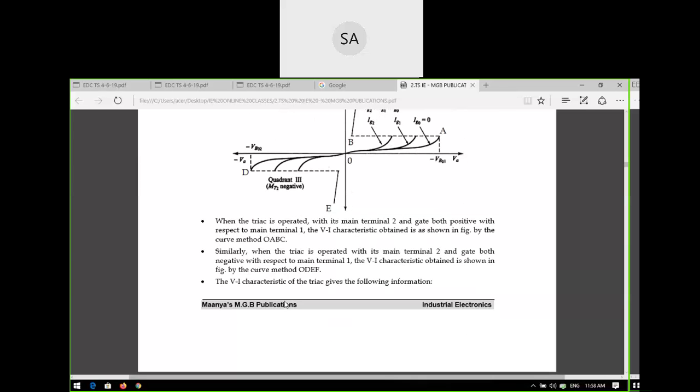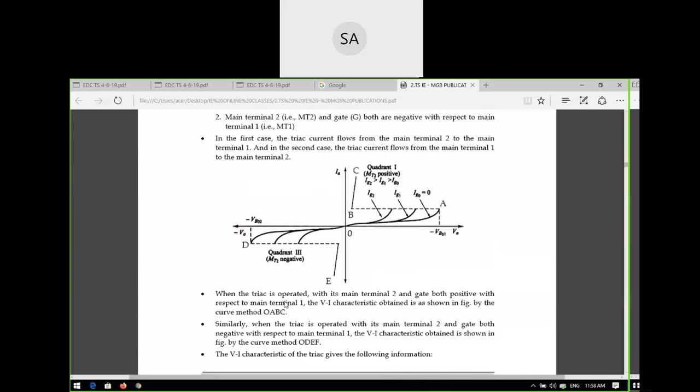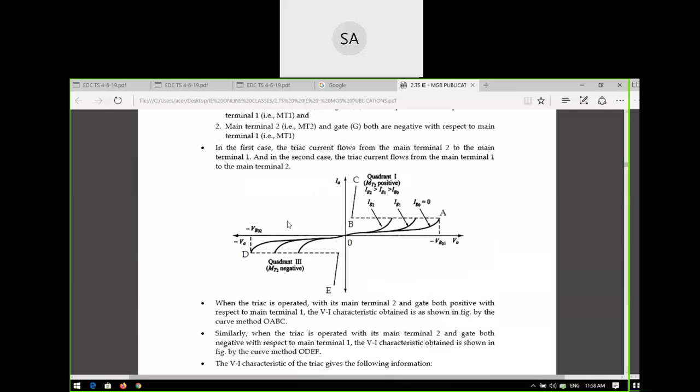The same characteristics are also available in the second quadrant as well as the fourth quadrant, but these two quadrants cannot be used; mainly the first and third are used.